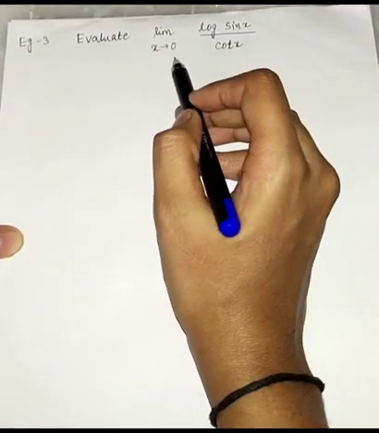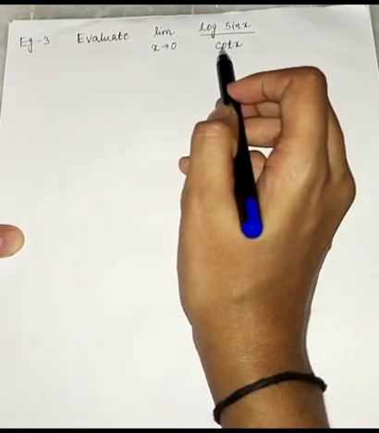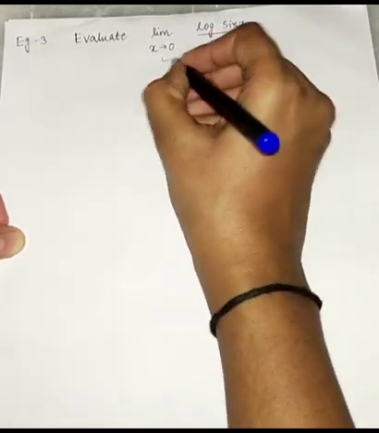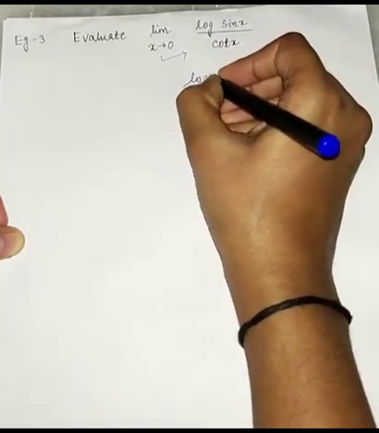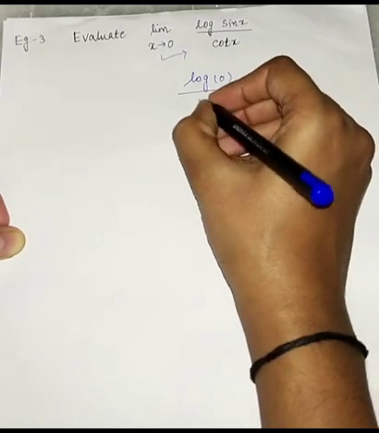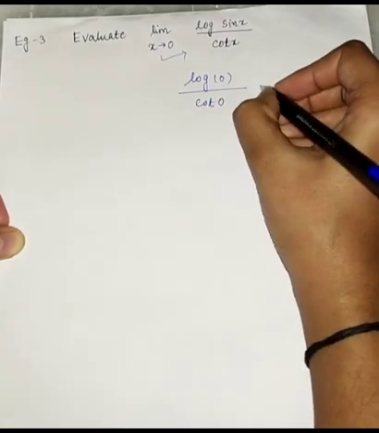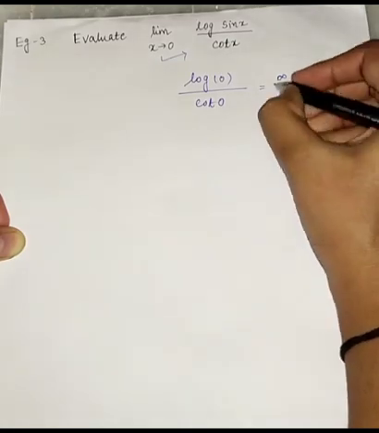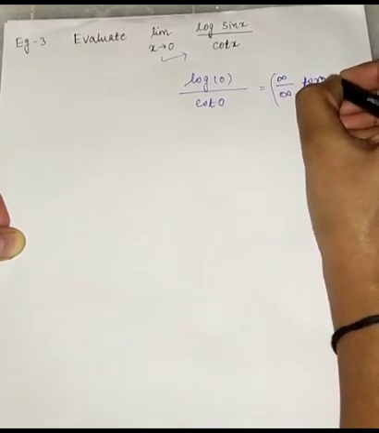Example 3. Evaluate limit x tends to 0 of log sin x upon cot x. So first of all, we will substitute this limit in this equation. So we get log of sin 0, which is log 0, upon cot 0. Value of log 0 is infinity and cot 0 is also infinity. So we get infinity by infinity form.